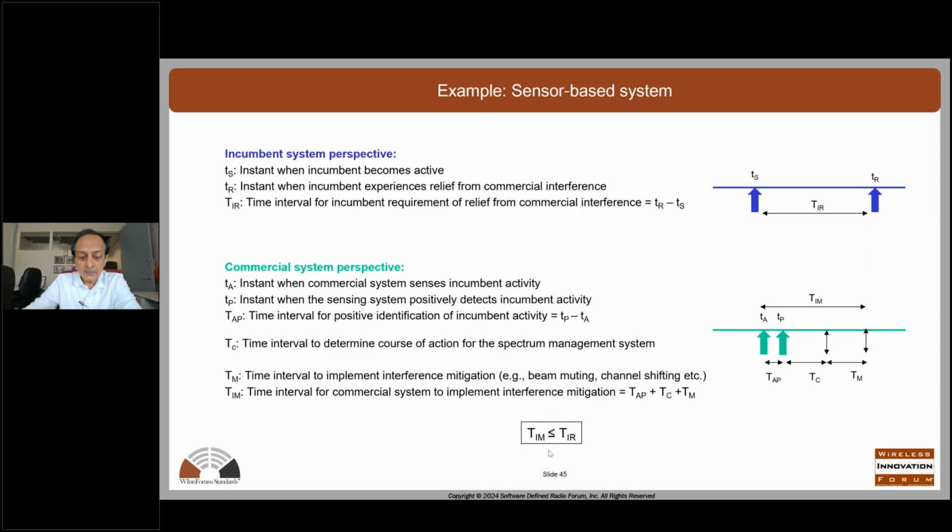So we come up with this high level requirement: the implementation time has to be less than or equal to the requirement from the incumbent system. This is one example. Next slide, please.